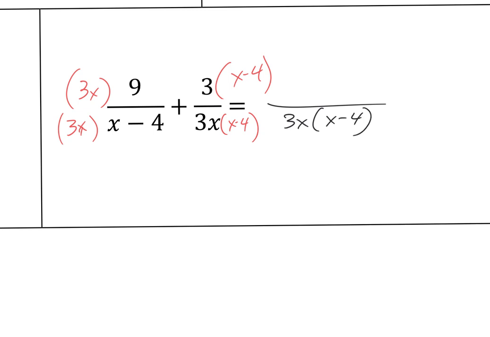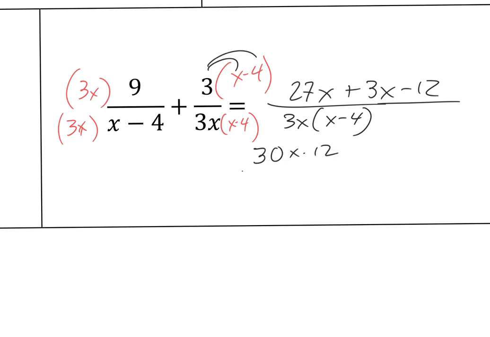What do I get on top? Well, 3x times 9, that's 27x. And then plus, on this part, I would actually distribute 3x minus 12. And the reason I want to distribute there is I have like terms to combine here. So 27 and 3, that makes 30x minus 12 over 3x times x minus 4.